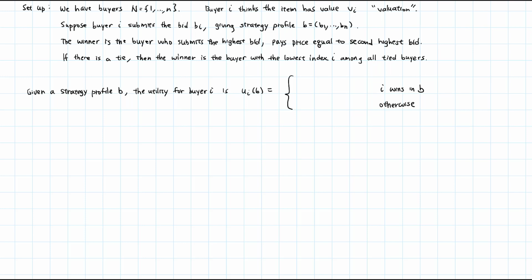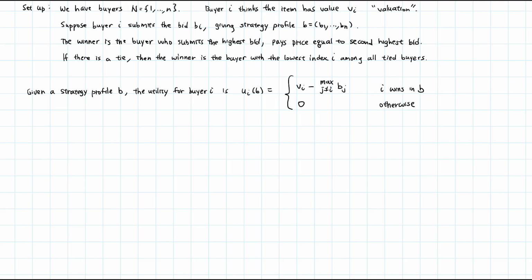They just get utility 0. They pay nothing and they win nothing. If the buyer does win, then their utility is what they value the item to be, which is v_i, minus what they pay, which is the max of b_j for all j not equal to i, the second highest bid among all the bids.